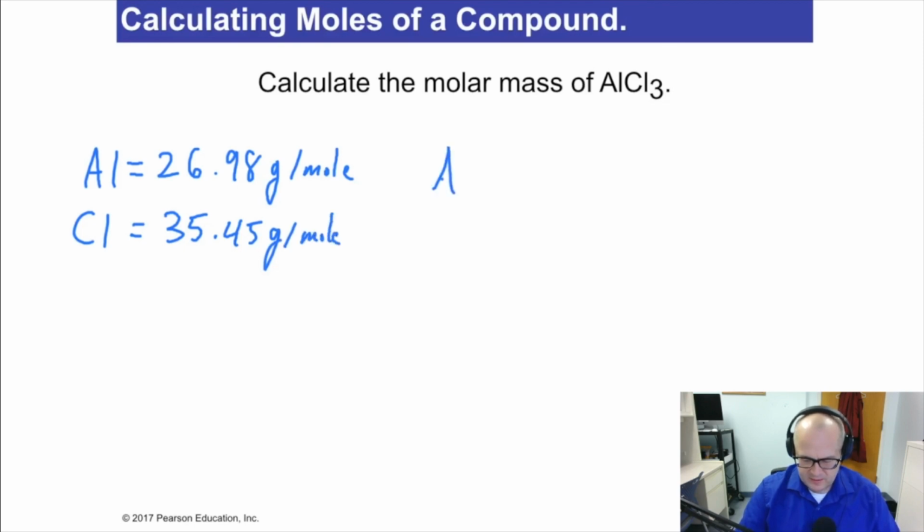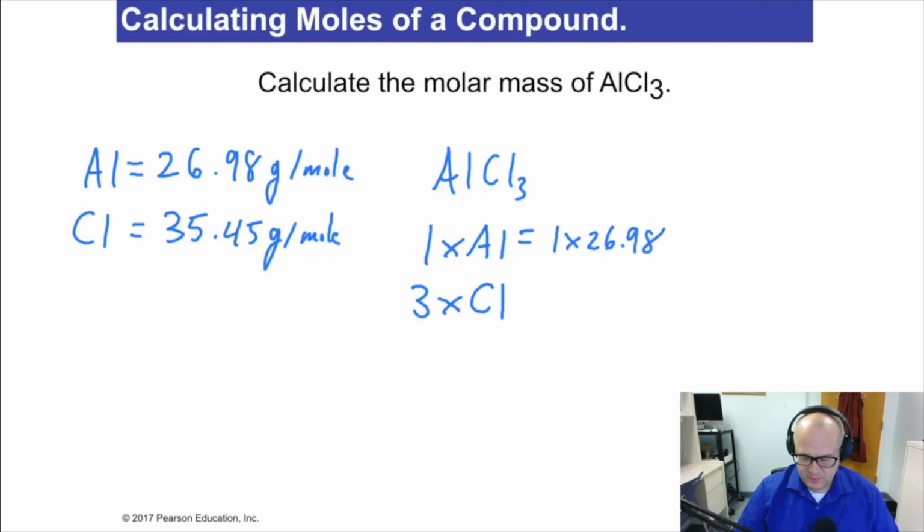And it's AlCl3. So it's 1 times aluminum, 3 times chlorine. So it's 1 times 26.98 grams per mole, and 3 times 35.45 grams per mole. And let's do some math here. 35.45 multiplied by 3 is 106.35.